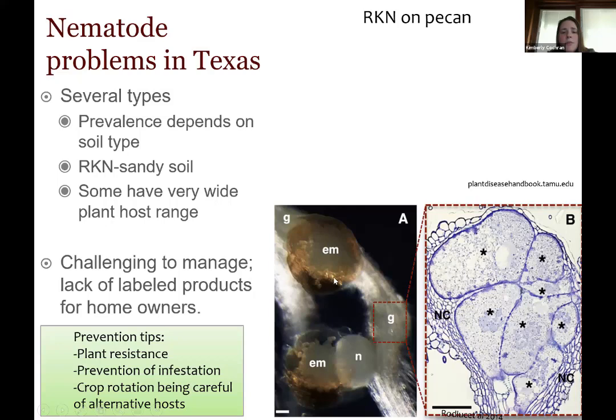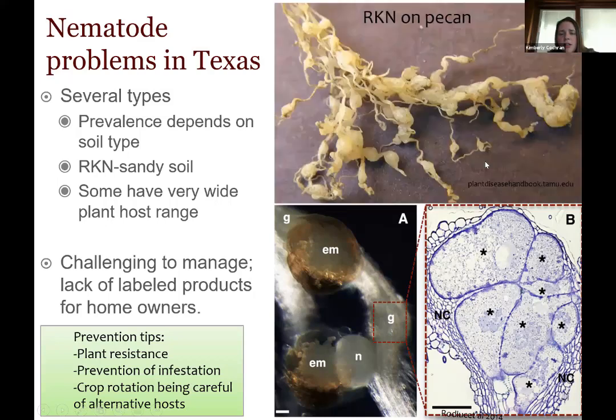So here we have some nematodes that have set up a feeding site, and they have their giant cells, which you can see here on the bottom right photo, in photo B. Those really large, they look like kind of blue bubbles. That's actually a cross-section of a root, and those large areas with the little asterisks in them are the feeding site cells that the nematode has developed.